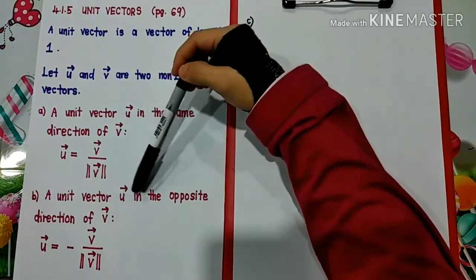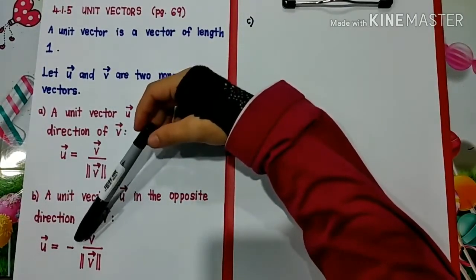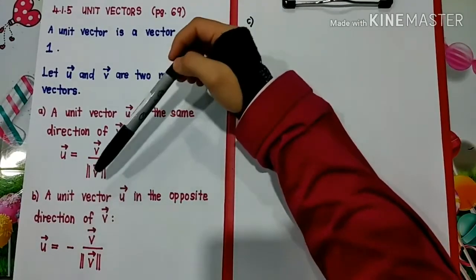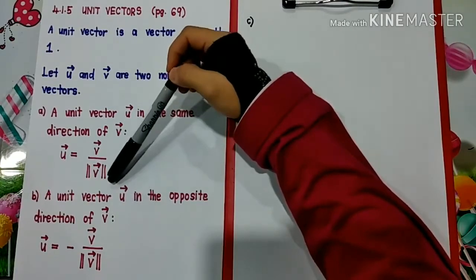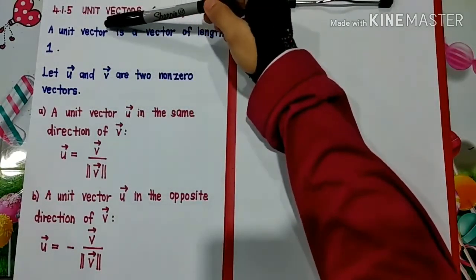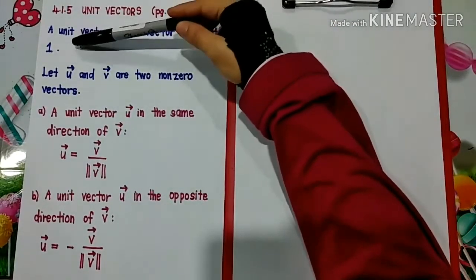But if u is in the opposite direction of v, you just put negative. So this is the formula to find a unit vector. Remember, a unit vector is a vector whose length or magnitude is 1.